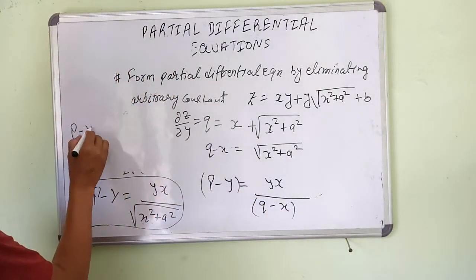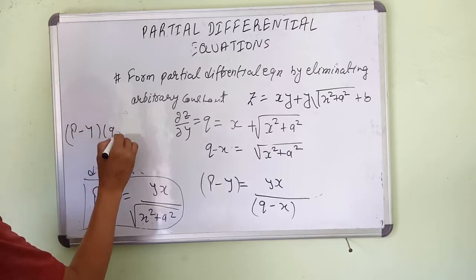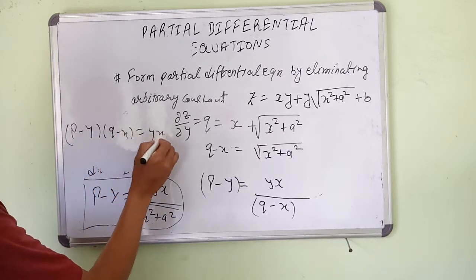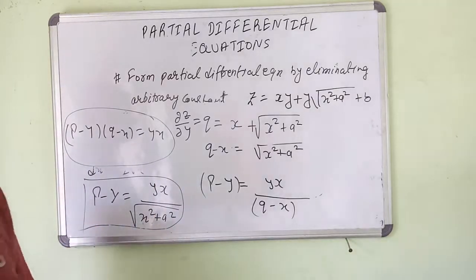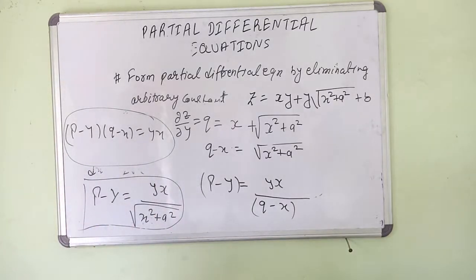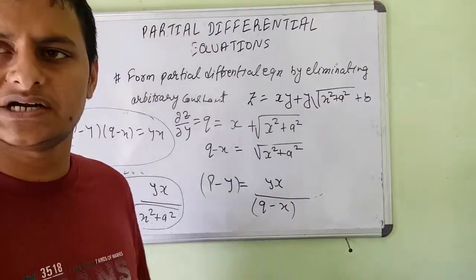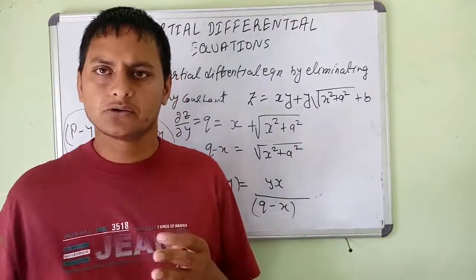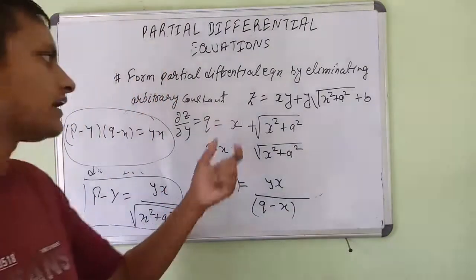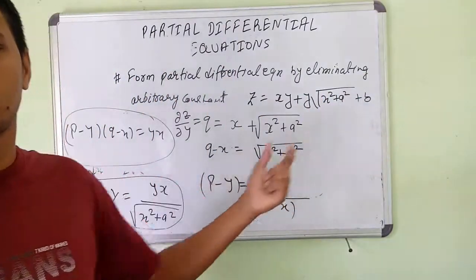So (p − y)(q − x) = yx. This is our required partial differential equation, which is formed by partial derivatives with respect to x and with respect to y by elimination of arbitrary constants.